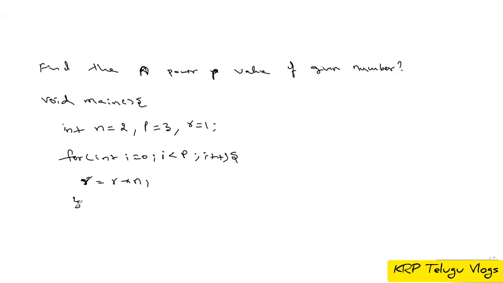So finally printf n power p value is percentage d, comma r. Note down this.